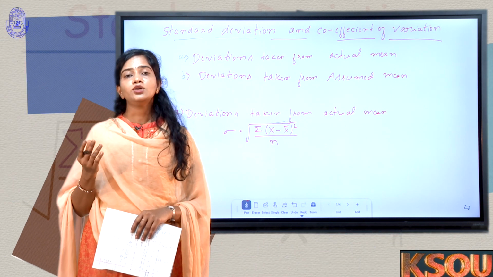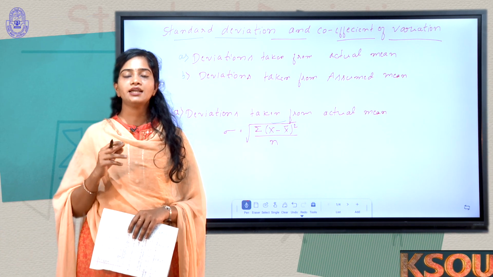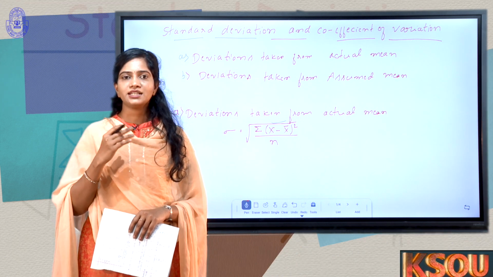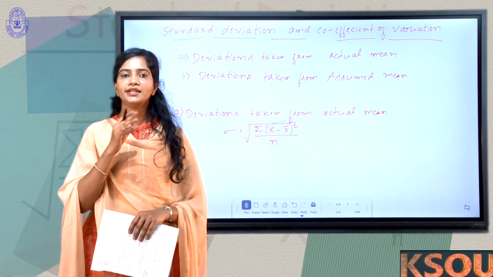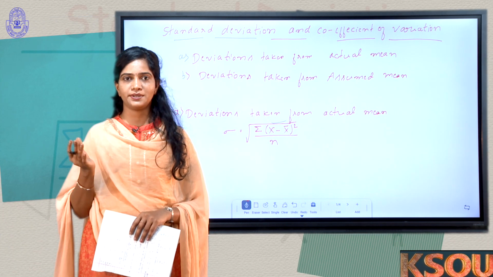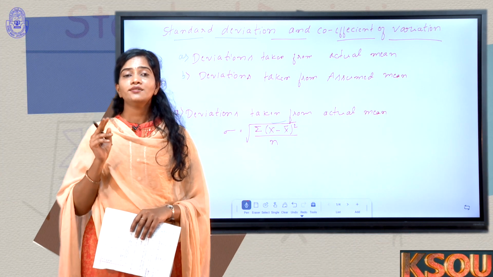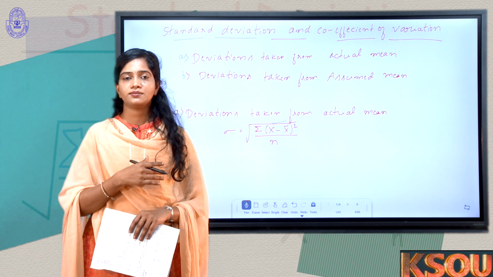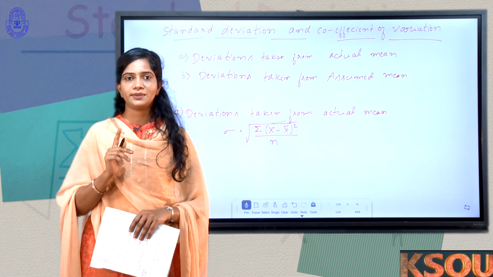But in order to compare two variables, say height of the person and weight of the person, we can calculate the standard deviation individually for each. But to compare between these two, we are not going to use the standard deviation, because we can only calculate one measurement there.